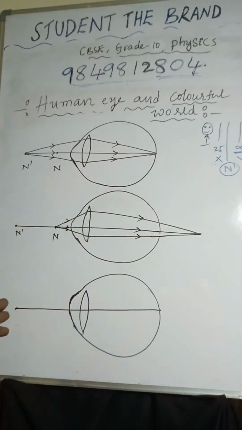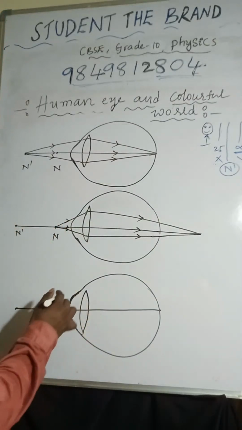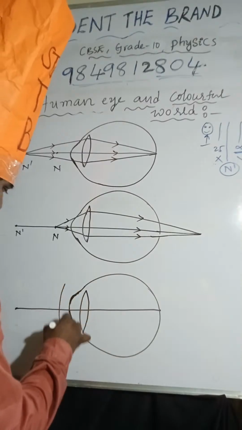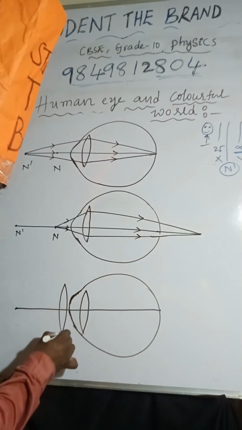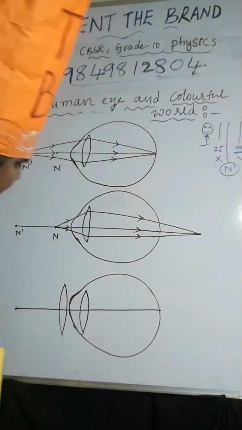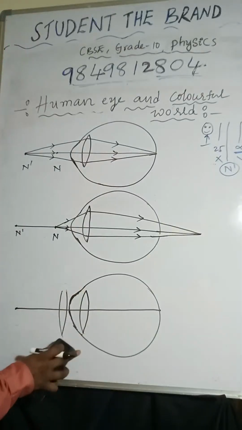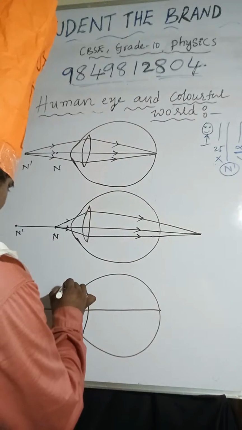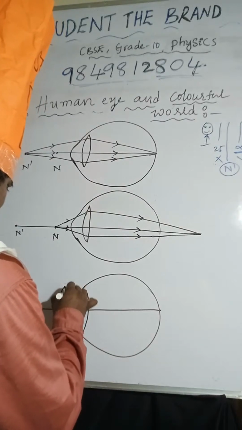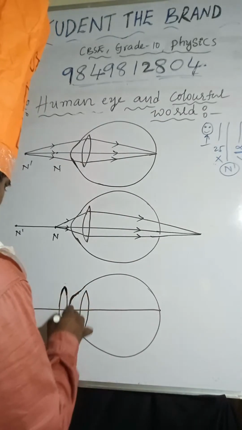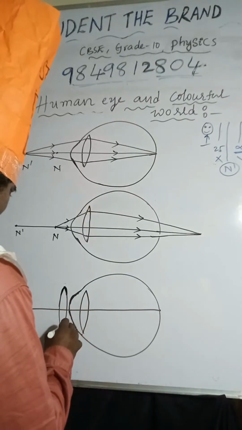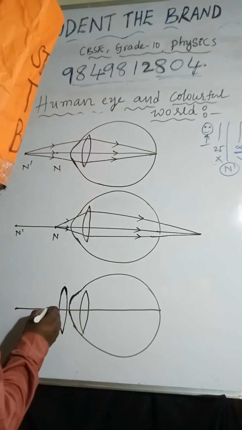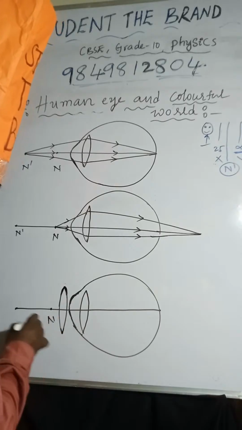And so next one, by using convex lens. What lens are we using? Convex lens. By using convex lens, we can correct this defect. So here, N dash.